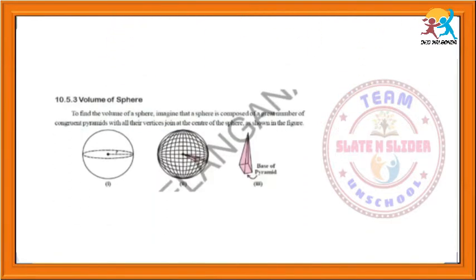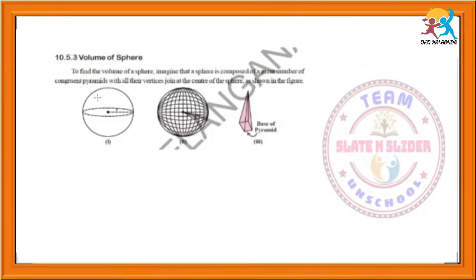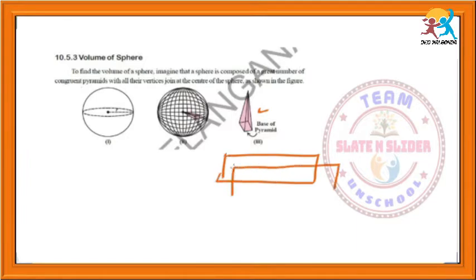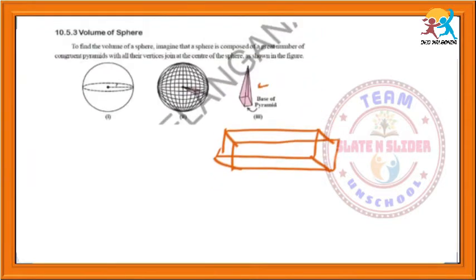And we will find out the volume of the sphere. Just take the sphere and find its center, and we have to divide this sphere into pyramids like this. If you arrange all these pyramids, we will get an approximate cuboid, not the exact shape, but we will get the cuboid in shape, so that its volume will be 4 by 3 pi r cube.